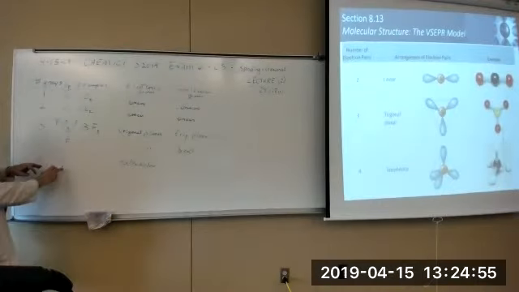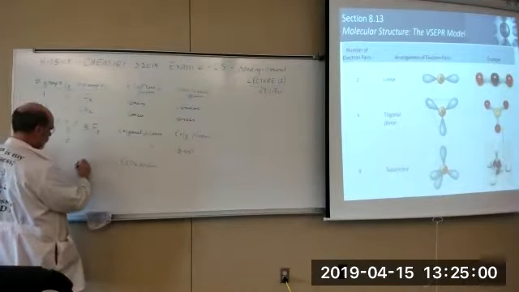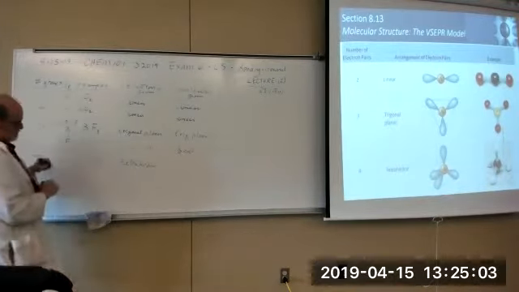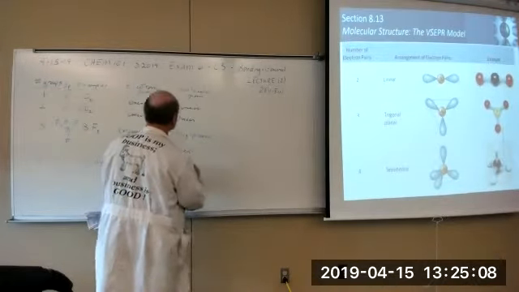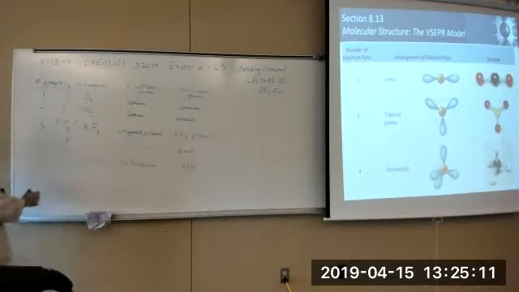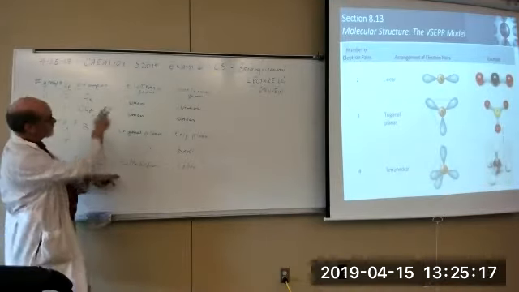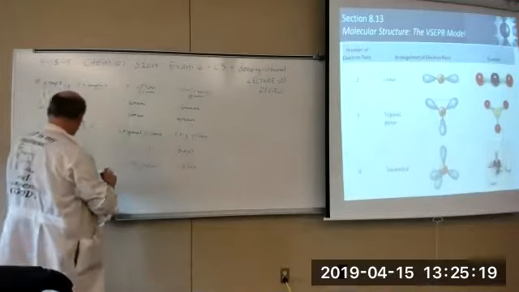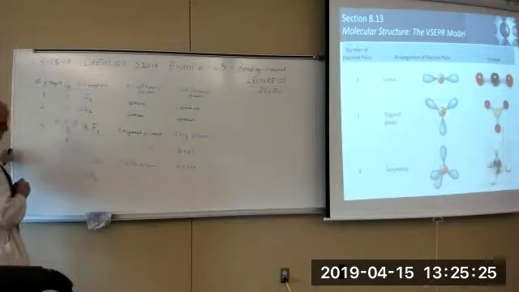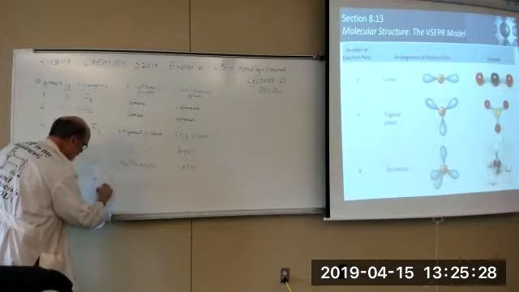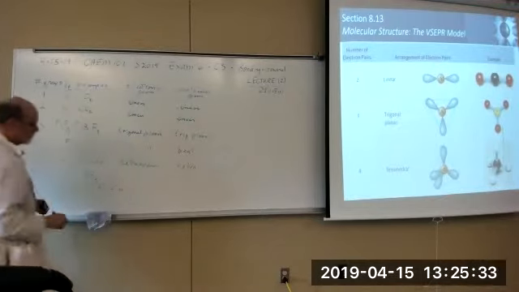Okay, so if we have no lone pairs, then the tetrahedron that forms from the four groups, for instance, carbon tetrachloride, would also be tetrahedral for the molecular geometry. If we have one lone pair, then while we have tetrahedral electronic geometry, an example is ammonia. So ammonia is going to look like this, with a lone pair up here.